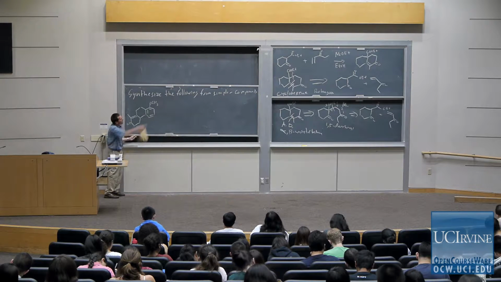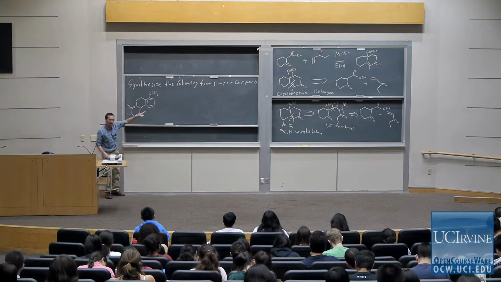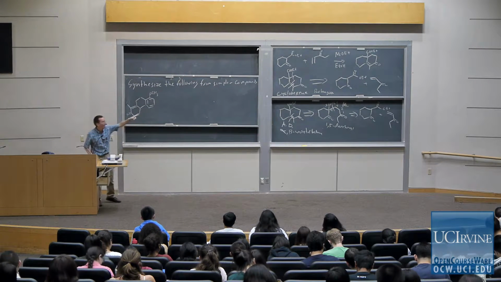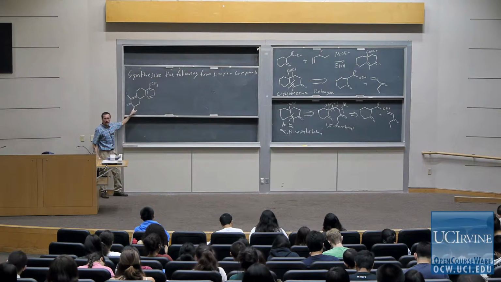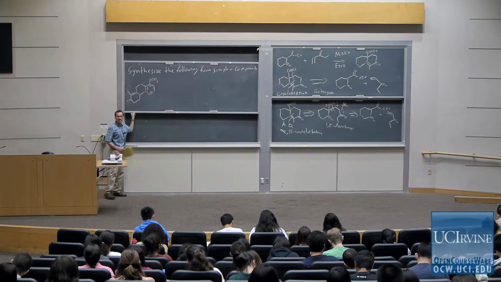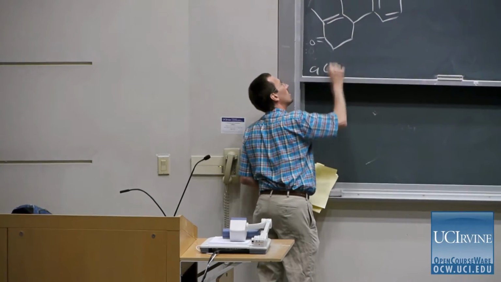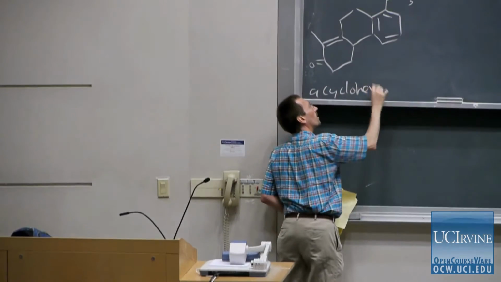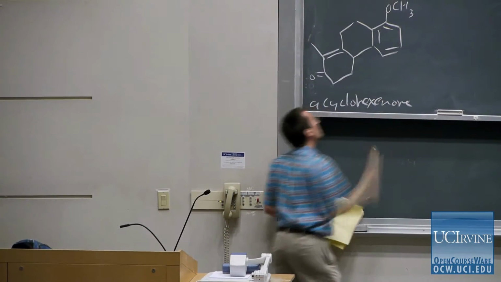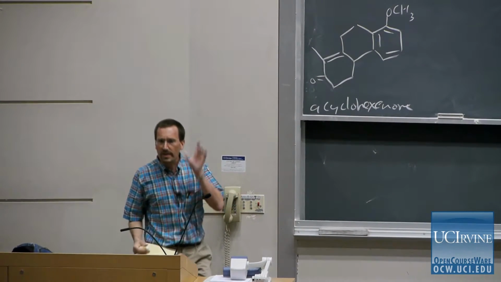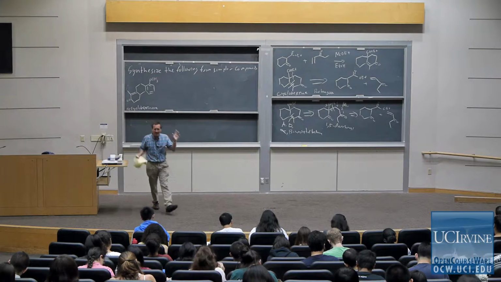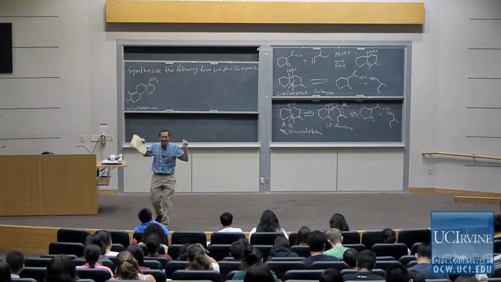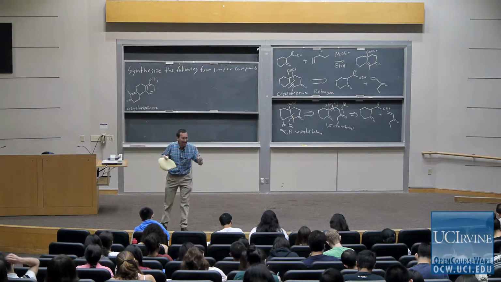It's the same thought process that I outlined on the upper part of that blackboard. I said, okay, I look at this molecule and I say, I see a cyclohexenone. And I'm going to think backwards. And I know cyclohexenone says to me immediately, Robinson annulation.